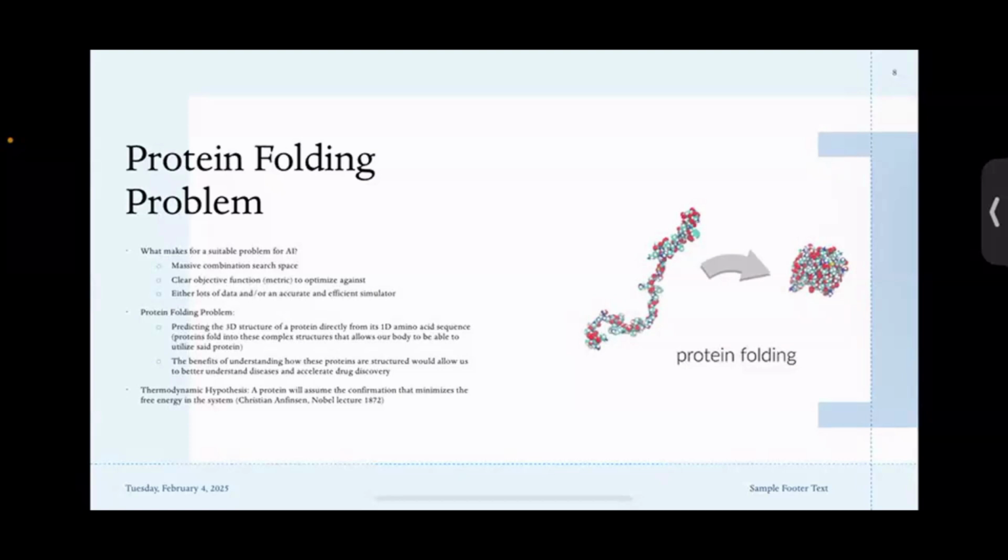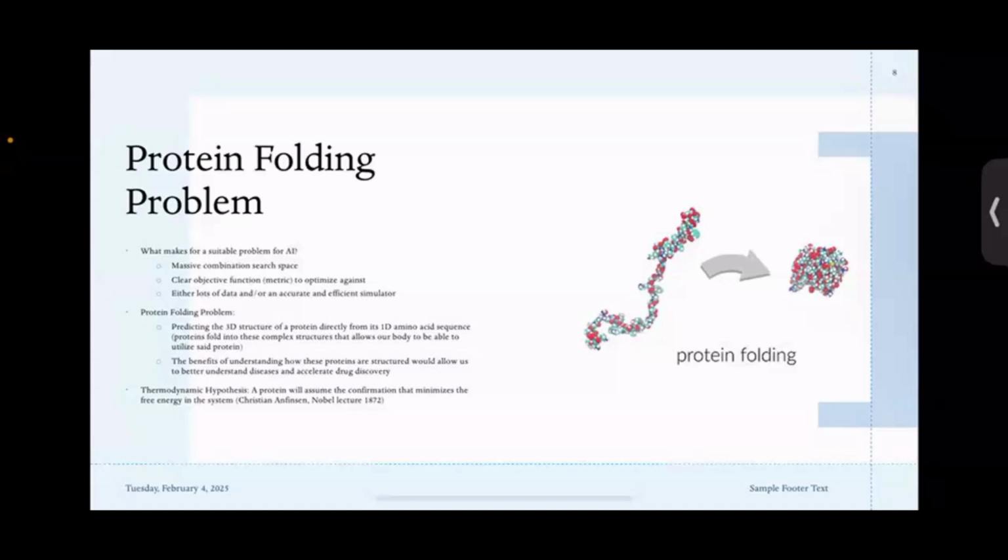In his lecture, he highlights how a suitable problem for AI has three main components: a massive combinatorial search space, clear objective functions or metrics to optimize against, and either lots of data or an accurate and sufficient simulator, which brings the team to the protein folding problem.